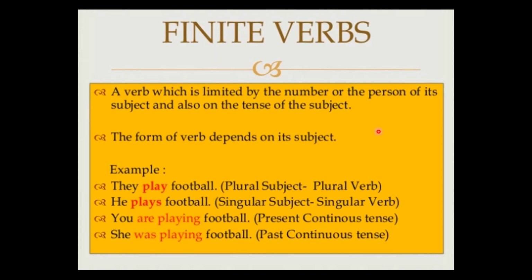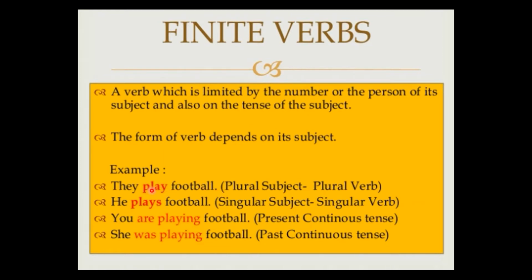So these are some examples of how a finite verb changes itself according to the person, the subject, or the tense of a sentence. For example, here you see that the base verb is play. They play football.